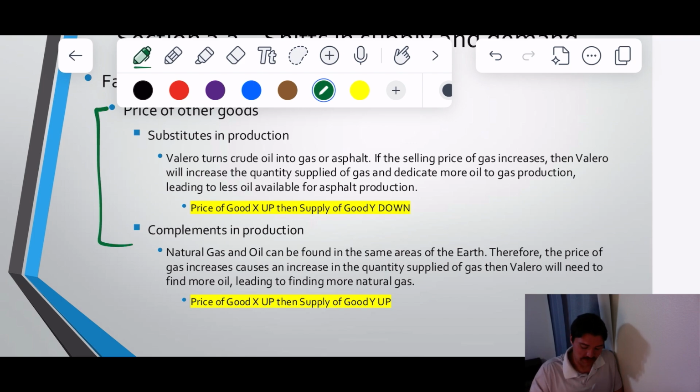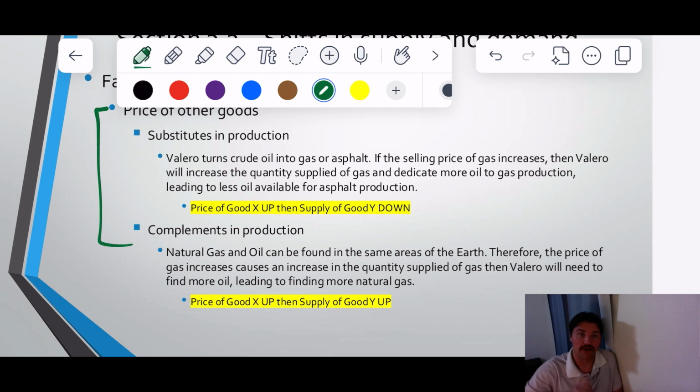If the selling price of gas were to increase, what is Valero going to do? They can sell gas at a higher price, so they're going to try and sell as much gas as they can. This will increase the quantity supplied of gas, dedicating more oil to gas production. However, because more oil is going towards gas production, there's less oil for asphalt production.